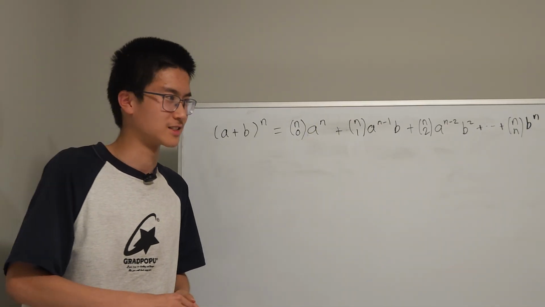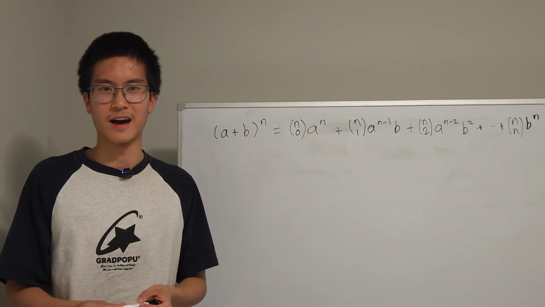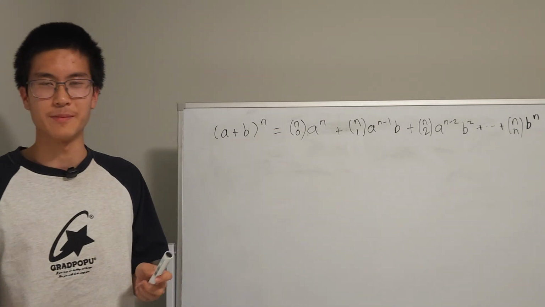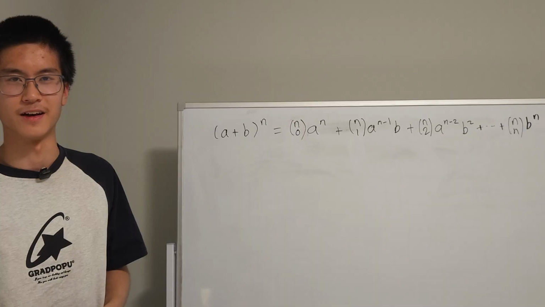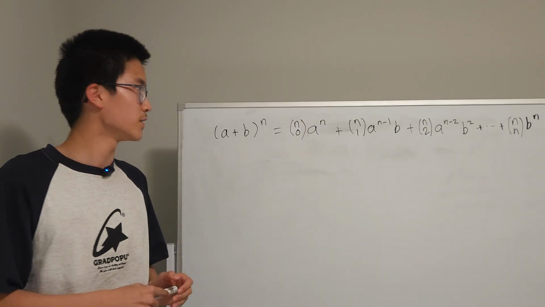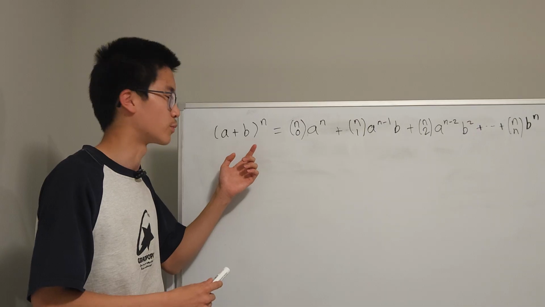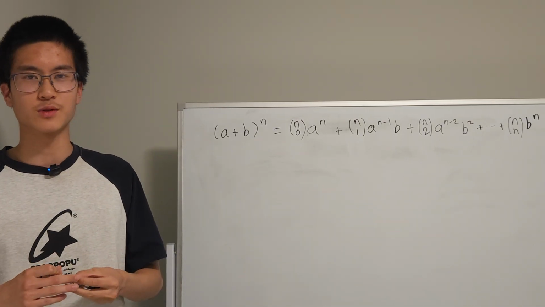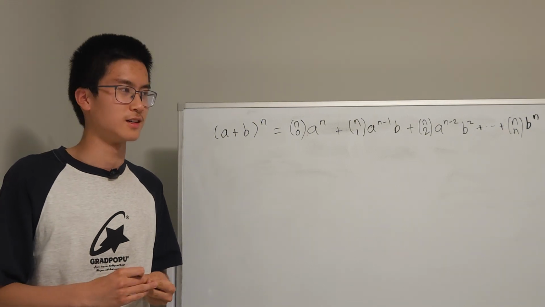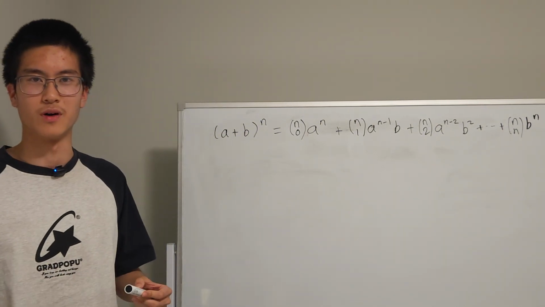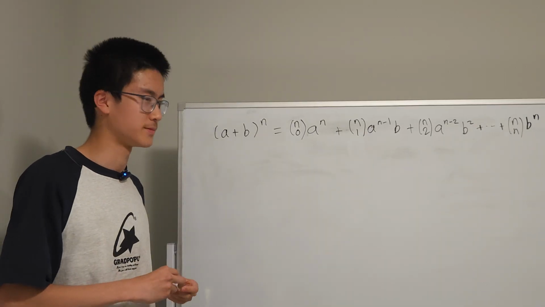In mathematics, you first assume that this holds for some integer, so for any integer n. We first assume this, and then we show that it also works for n plus 1. The reason this works is because, let's say our base case is n equals 1, for positive integers n.